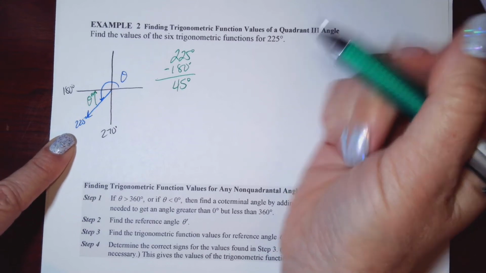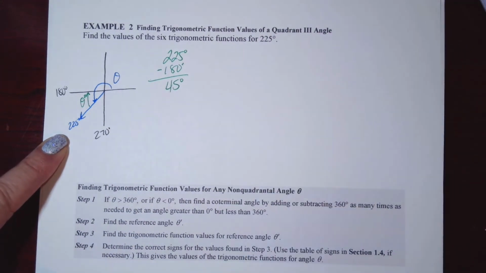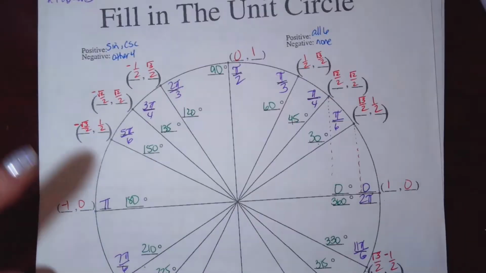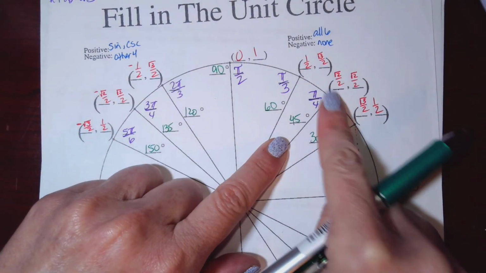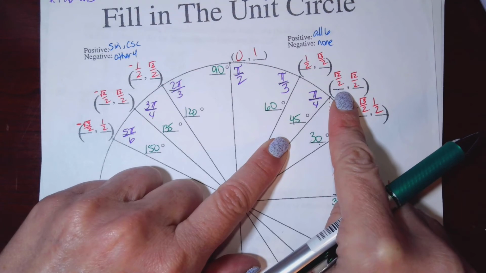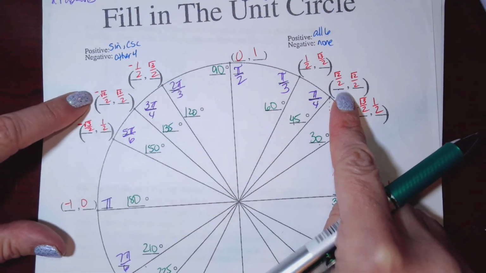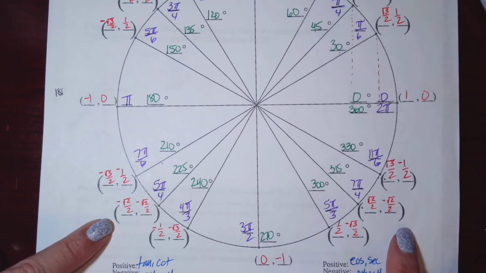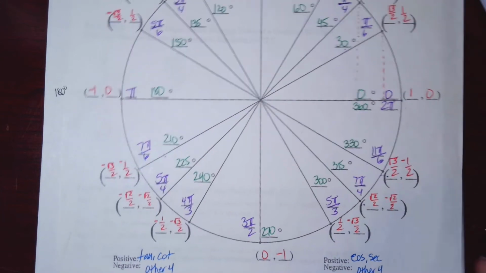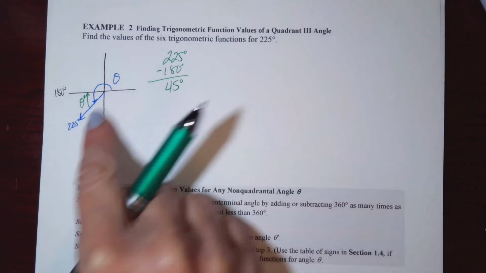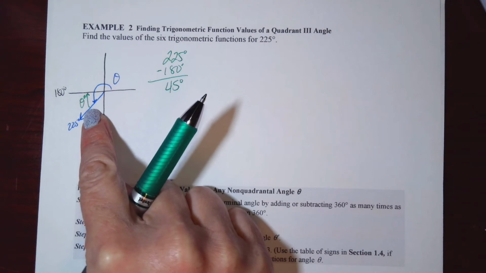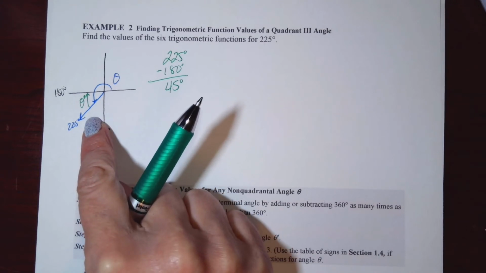Now I know from my unit circle that my 45 degree angles have the same set of coordinates, square root 2 over 2. Depending on which quadrant I'm in, I have to adjust those positive and negative values. But 225 is one of my special angles. It's the 45 degree angle, my reference angle of 45 degrees in quadrant 3.